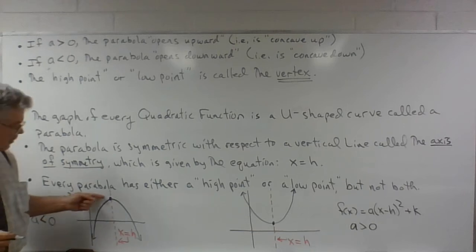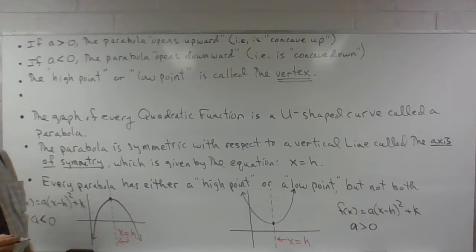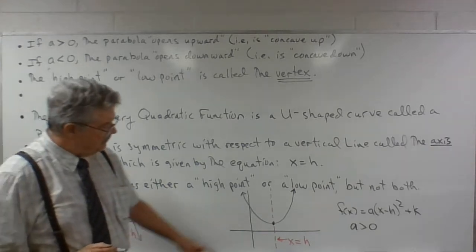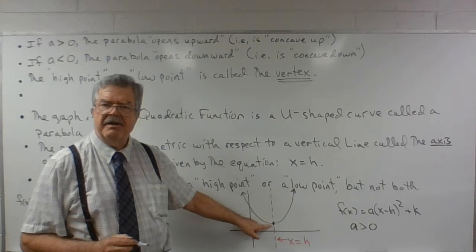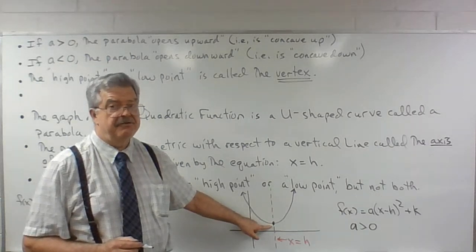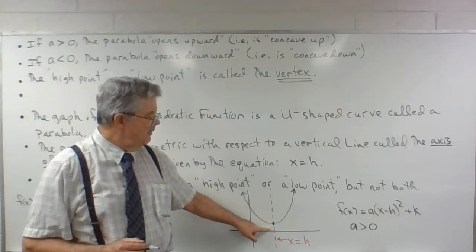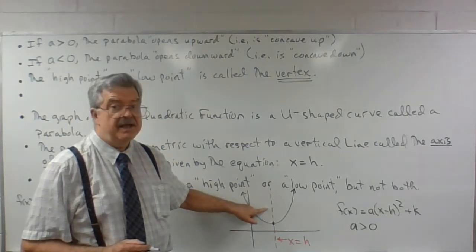And what are the coordinates of this thing? Well, remember where this graph started out? It started out with the bottom of the graph at the origin. And then what happened? We shifted it up k units.